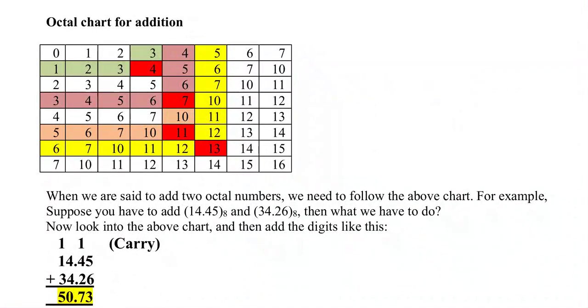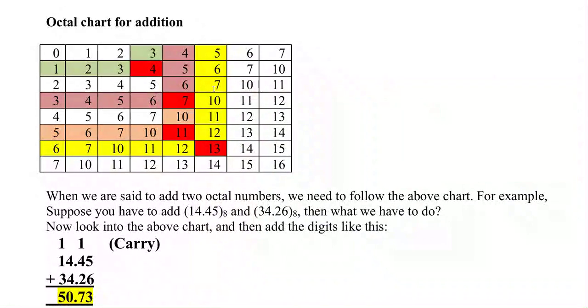Generally, the teachers say you to do the addition of octal through this chart, where you can see the numbers on the top and the left, 0 to 7. So when we add the numbers, we get the sum as an octal number.